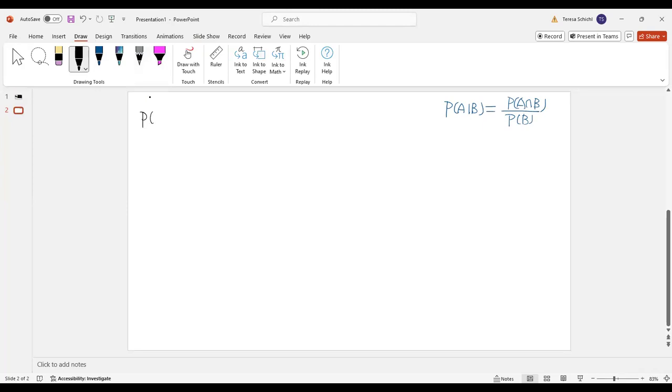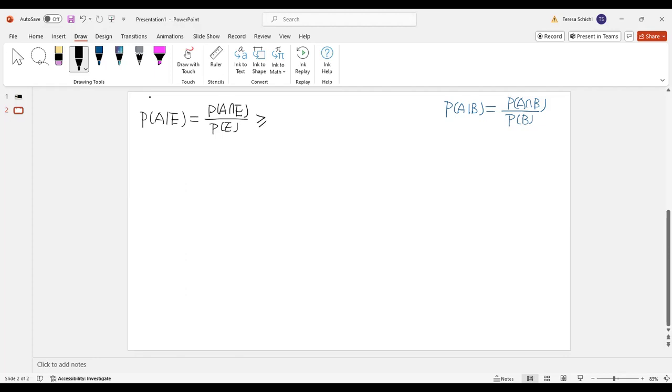The first one is A given E. This is P(A intersect E) over P(E).